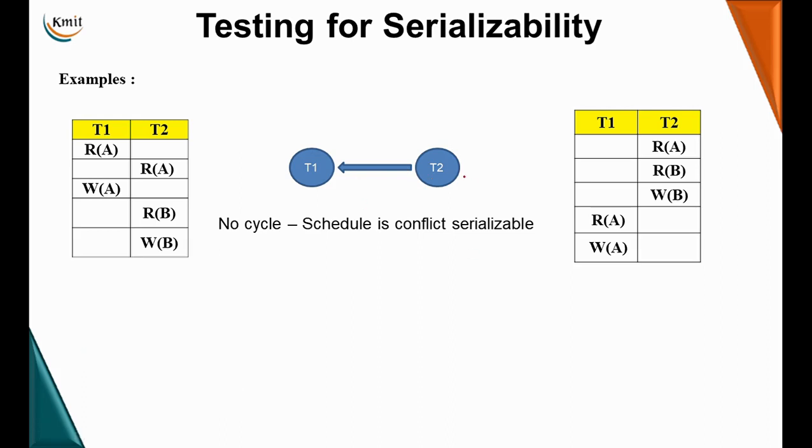So in this T1 and T2, the vertex T2 has in degree 0, that is why T2 comes before T1. The order would be T2 followed by T1. That is why we convert it by swapping the non-conflicting operations. Here I can swap this one up, bring this down. So step by step, I can see that T2 executes before.